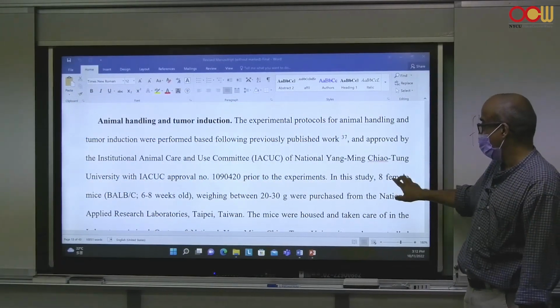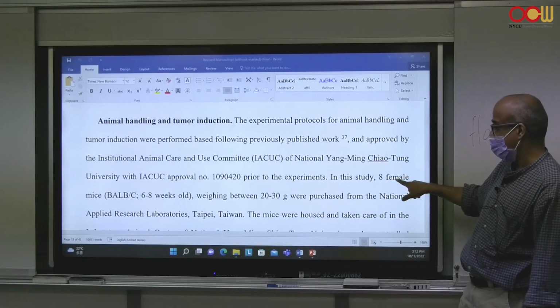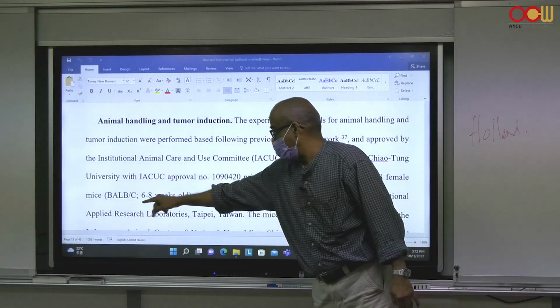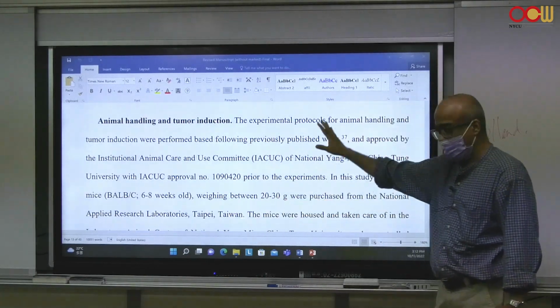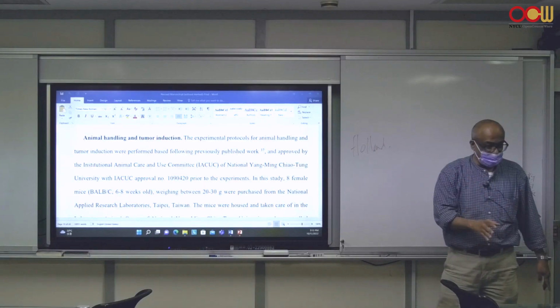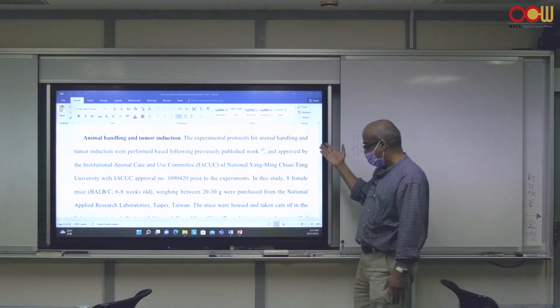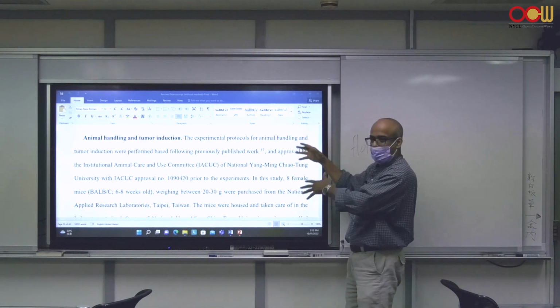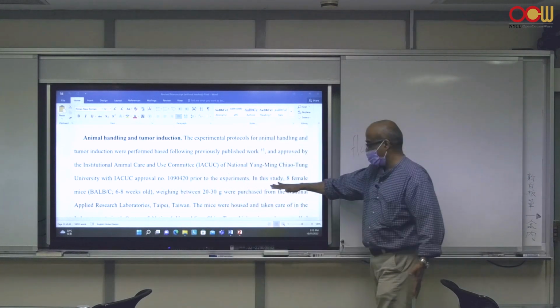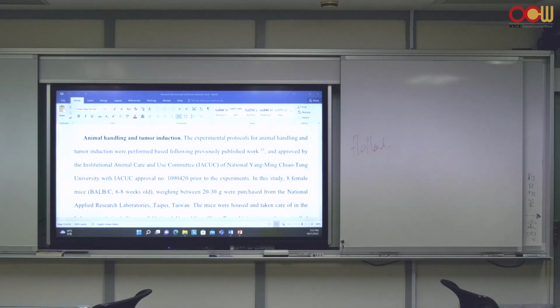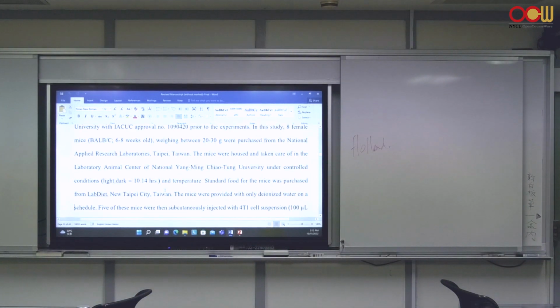So we wrote how many? 8 female mice, that much old, that type, weighing this much, where we bought them. Everything is written over here. In your case, if it is human, you have to write in this study 64 or 100, female or male, whatever, that much old. And as I was talking, you see how much detail.